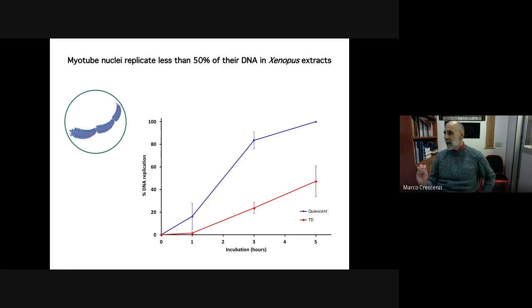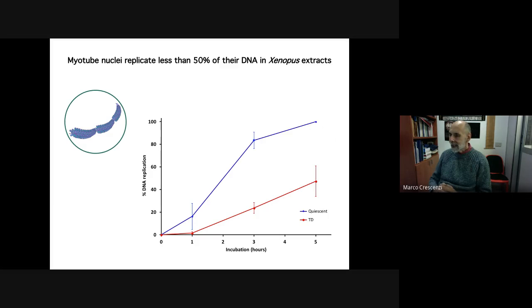Where do you go from here? Well, you'd like to know exactly what is that obstacle. So we thought, let's look for it. But before looking for it, we need to simplify our material. A nucleus is a very complex biological structure. We would like to have as simple a material as possible before we start looking for the obstacle.